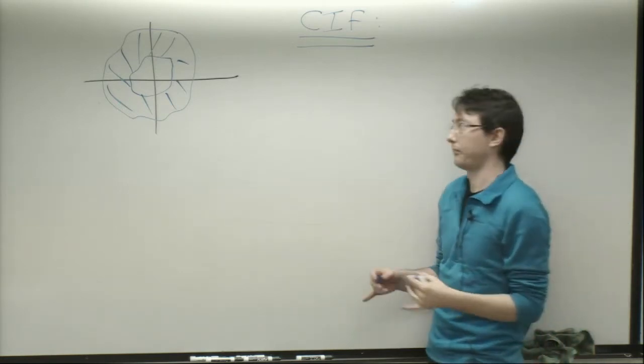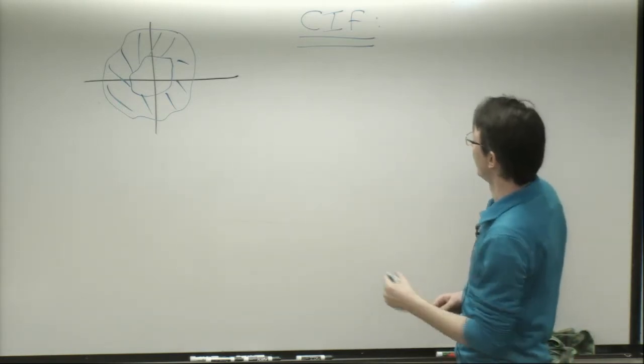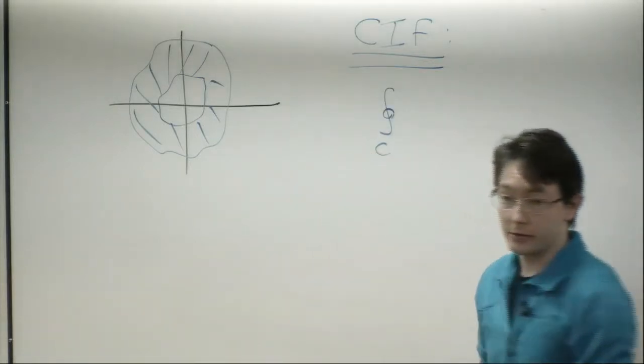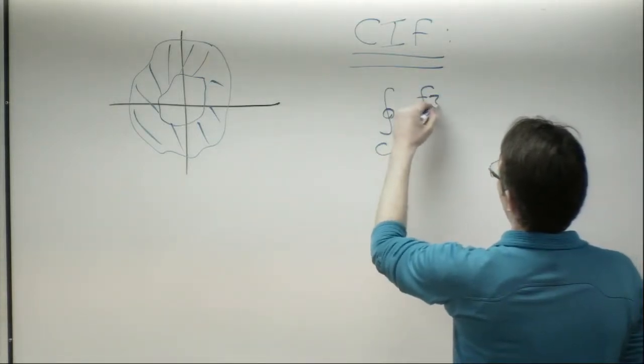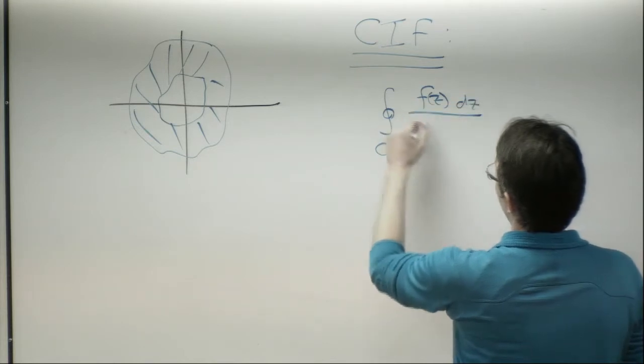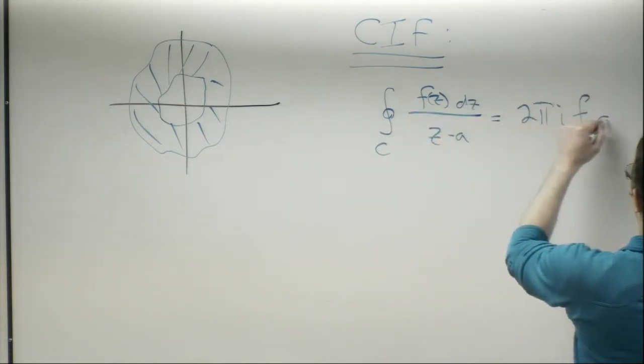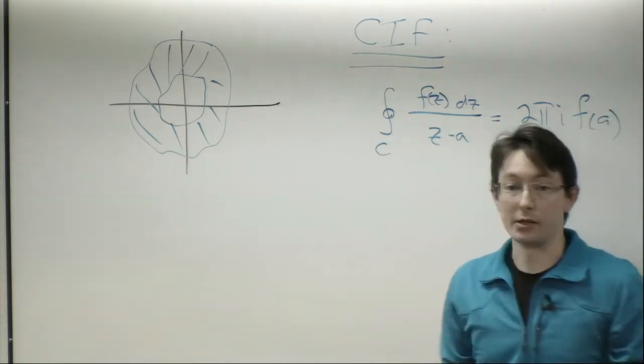which is, how do I want to say this? So the closed integral around a contour C of f of z dz divided by z minus a is equal to 2 pi i f of a. And there's some conditions.